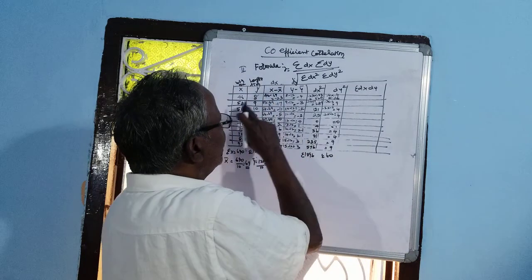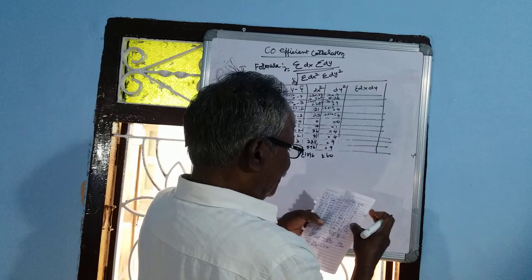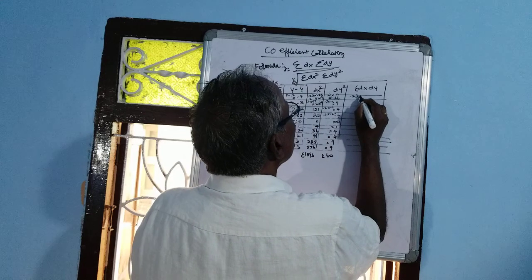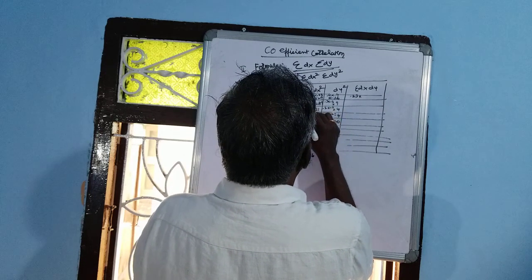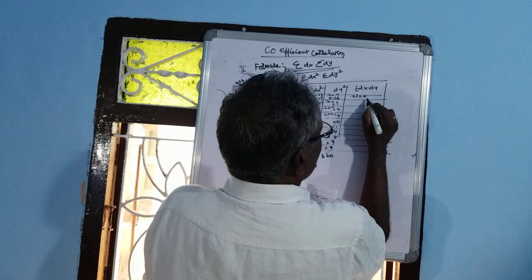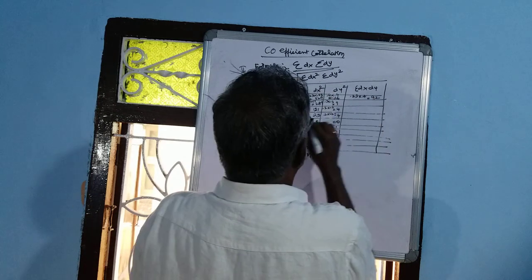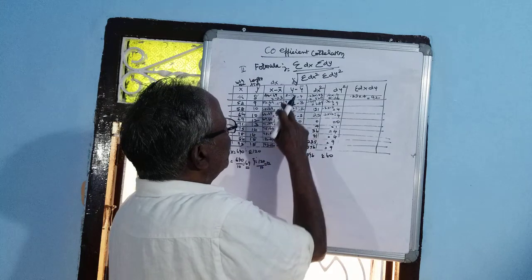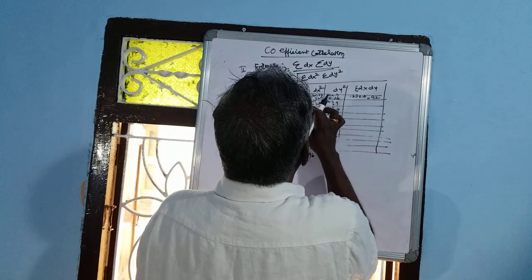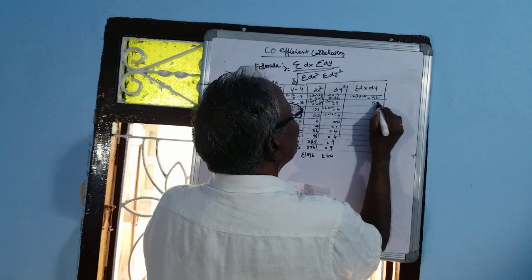Now we have to find out dx into dy. Sum of dx into dy: dx is minus 23 into dy is equal to minus 4, this is 92. Similarly, dx is minus 17 into dy is minus 3, 17 into 3 is 51.